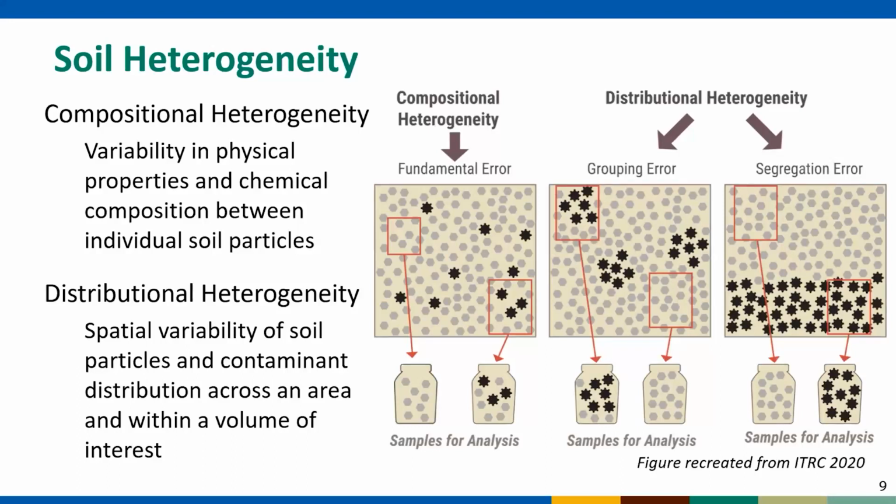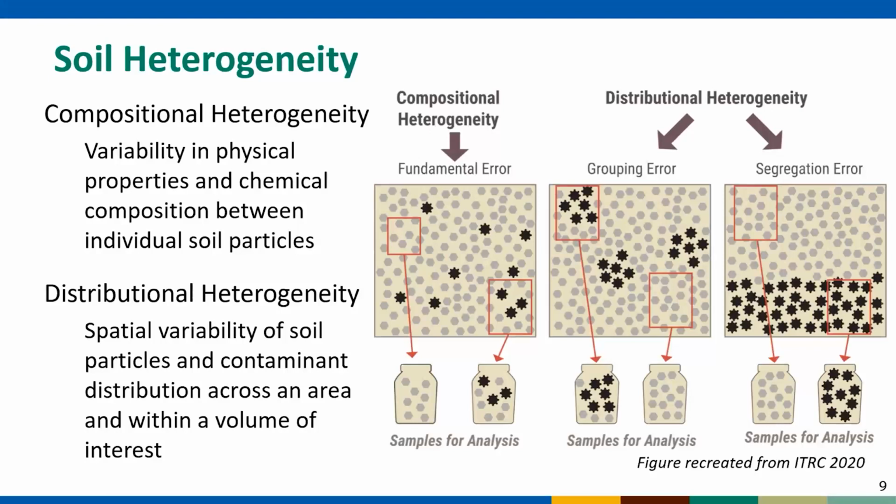You can see this on the middle box of the figure on the slide under grouping error, where the 2 discrete samples drawn from different areas result in different concentrations of the contaminant because of the way the contaminant is grouped. Segregation error can happen when there is a stratification of soil components. In the figure on the right side of the slide, you'll see that there is some contamination shown by the darker spots at the bottom of the volume of soil.